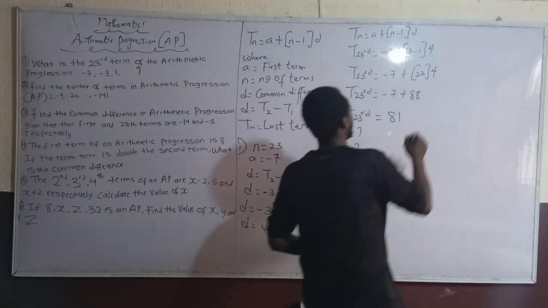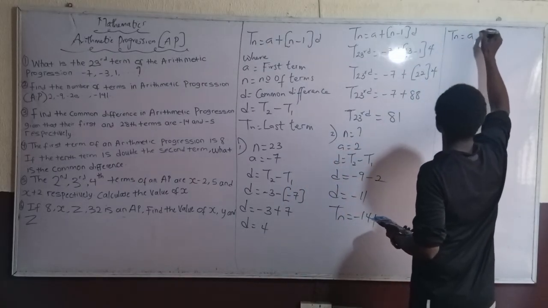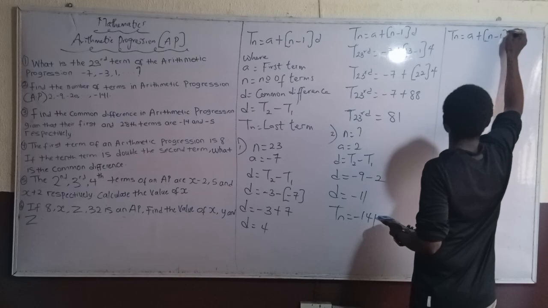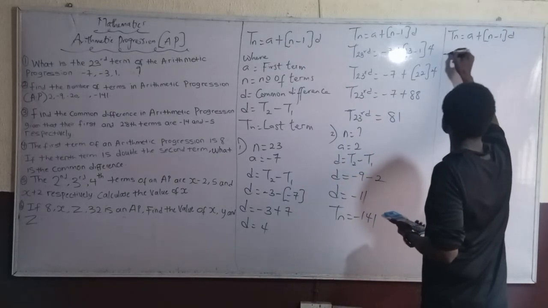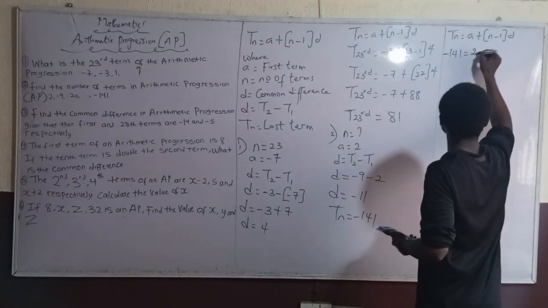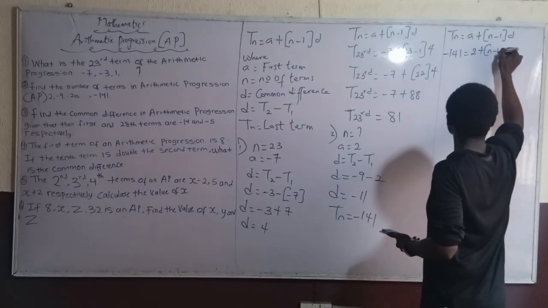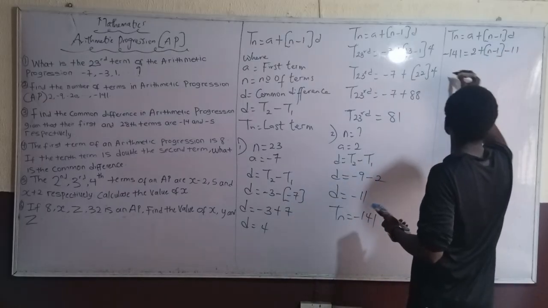So my formula remains Tn equals A plus (n minus 1)d. Last term minus 141 equals my A, which is 2, plus (n minus 1) times d, common difference, minus 11.